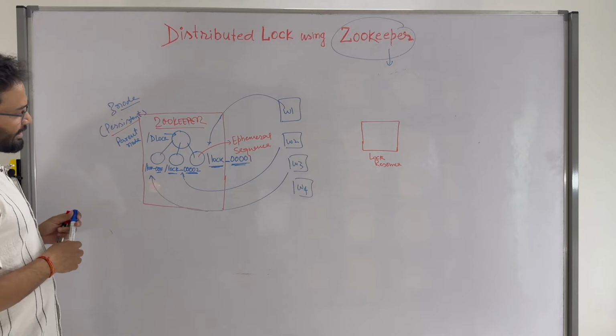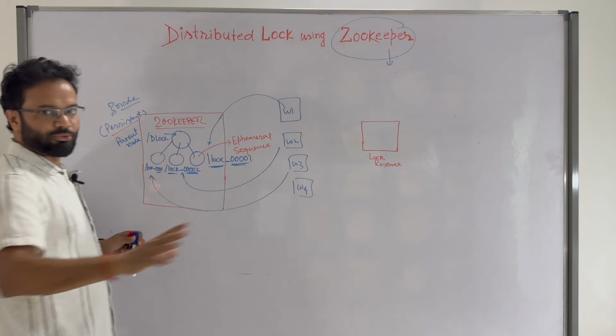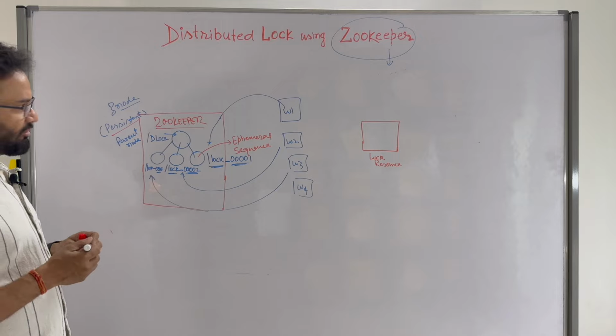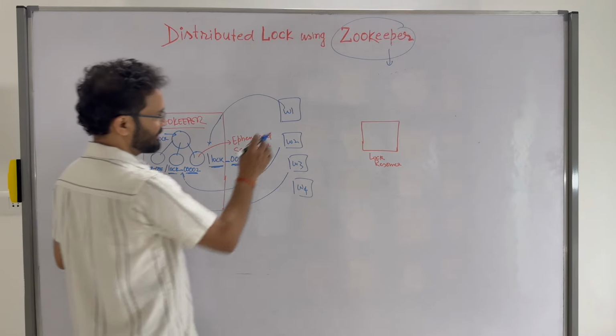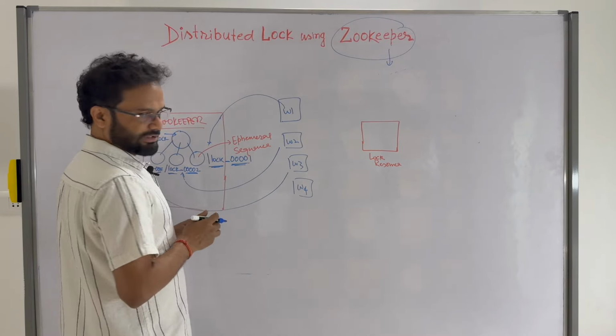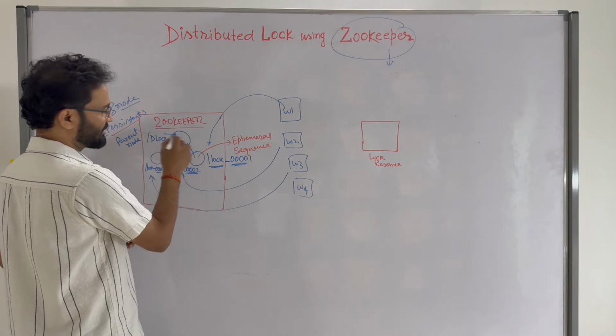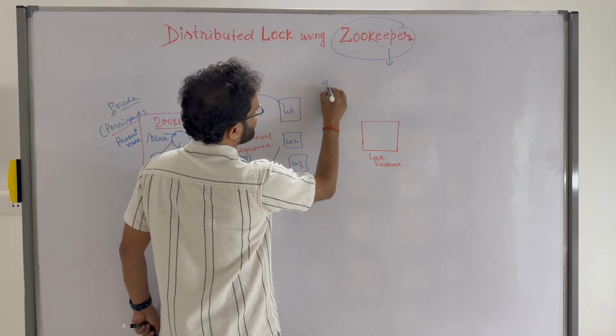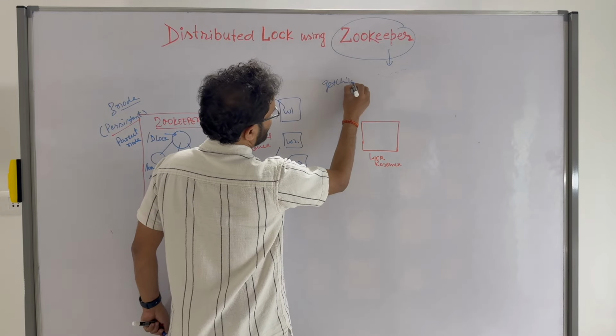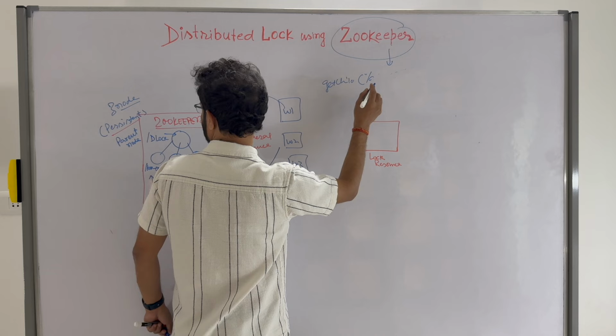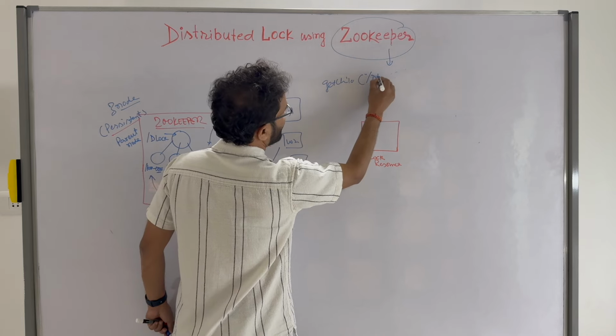So now three or four clients are waiting. You put one logic in each node: take all the nodes from the distributed lock, so get children from the lock parent node.